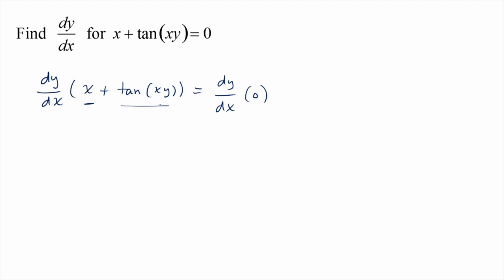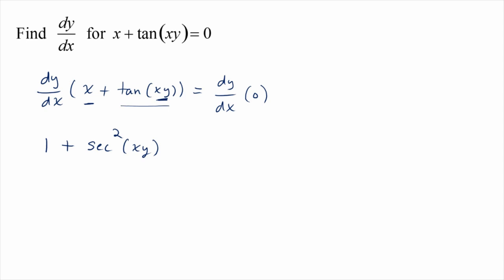So the derivative of x with respect to x is just a 1, plus derivative of tan xy with respect to x. The derivative of tangent is secant squared, so we have secant squared xy, but now chain rule says we must go inside and take derivative of what's inside the parentheses there, what we're taking the tangent of, and that's going to require the product rule.